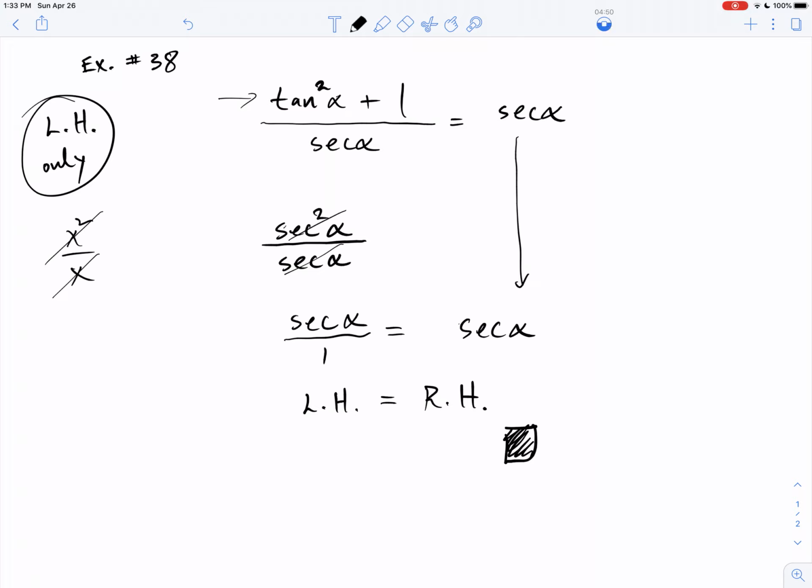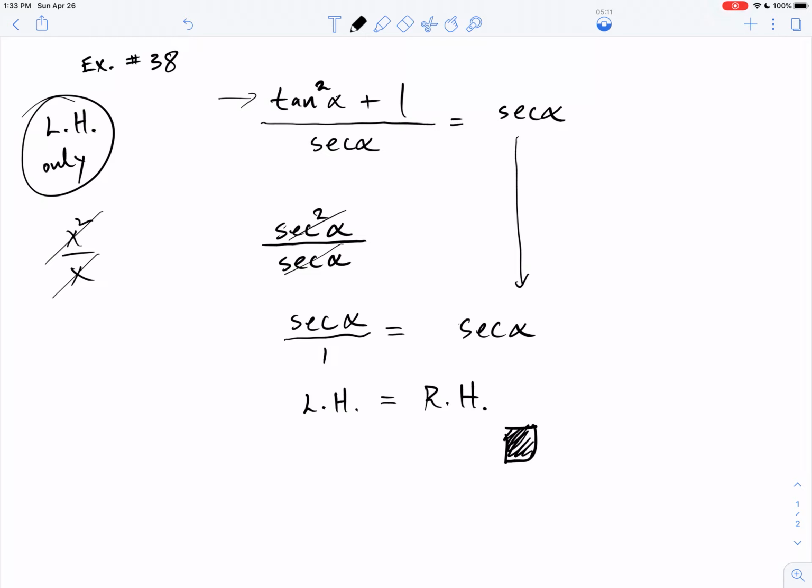Now, here's the thing. In the first one, I chose to rewrite everything as sines and cosines. In the next one, I used an identity to substitute. They're all different. Things are different, and every problem takes a little bit of practice.